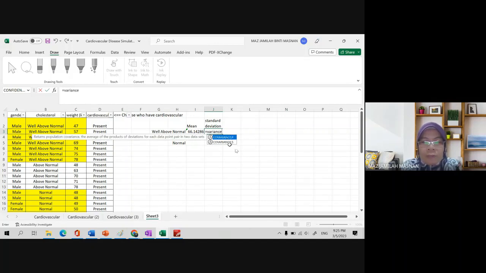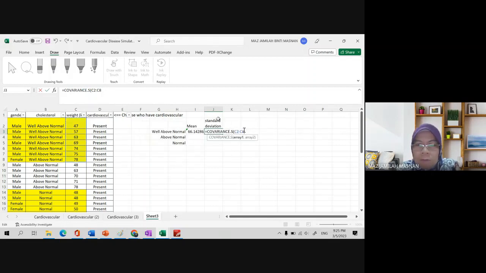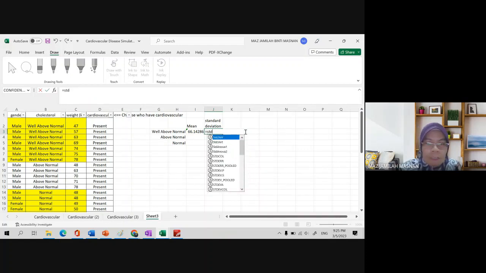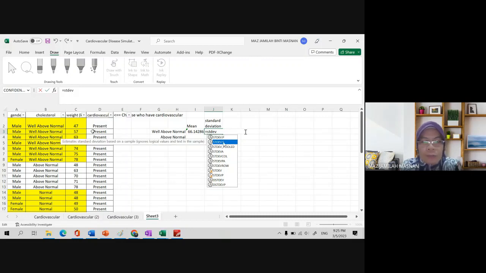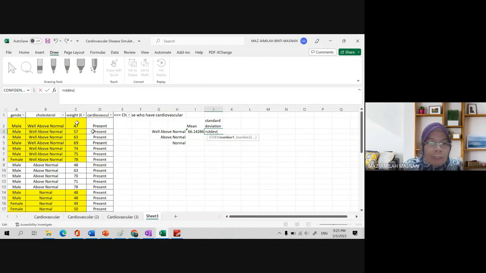Choose the variance. In this case it is your sample, so S. Choose again the data set and then click OK. Oh, this is not the covariance. Not the covariance, it's the variance. Now, the keyword is STDEV. So choose the sample because we are using the sample. Then choose the data and then enter.